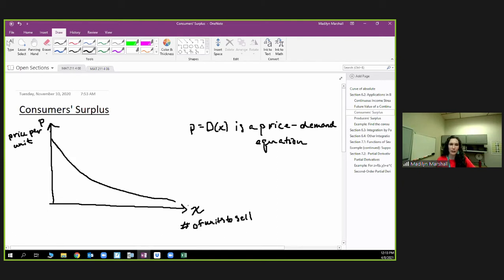So this is just some price demand equation. If we're trying to sell things at a super high price, we're not going to sell very many, but when we lower the price, we will sell more. So in general, that's going to be a declining function.